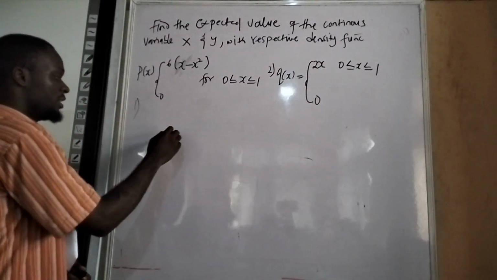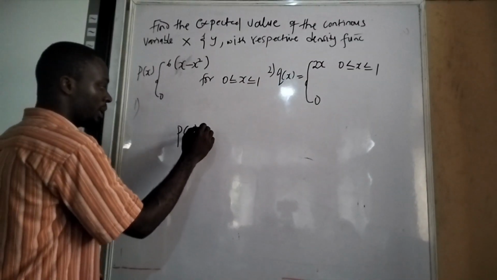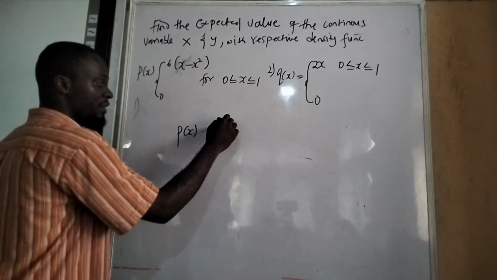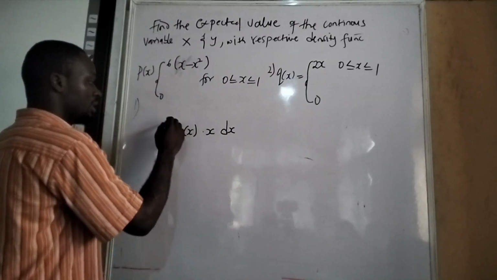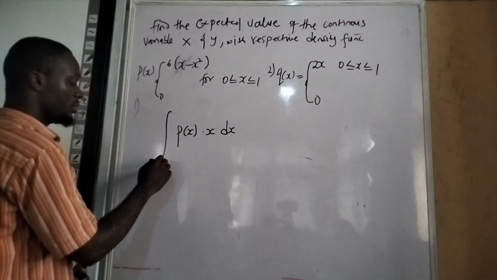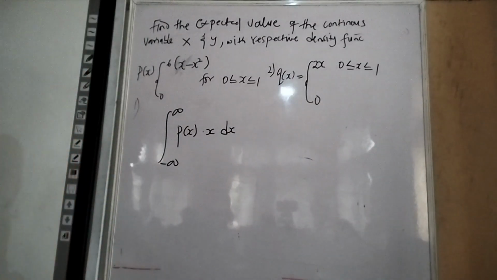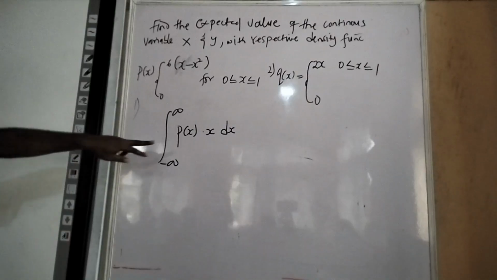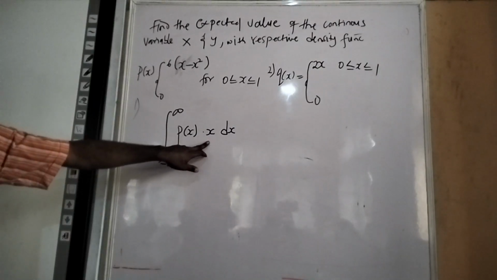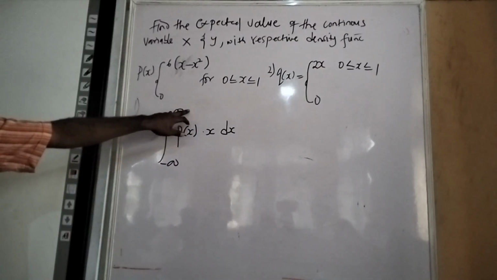What I mean, this is the function p of x, okay? Multiplied by x, then integrate with respect to x from negative infinity to positive infinity. If you are told to find the expected value of a continuous variable, that variable multiplied by the function, then integrate from minus infinity to positive infinity.